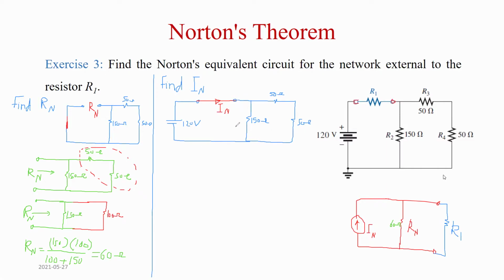Now to find the current in the circuit, you can use any technique you want. But I think the easiest would be trying to find the total resistance, then find the current in this branch. So this circuit, if I want to simplify it, these two resistors, I'm going to combine, so they're actually 100. This is still 150. This is my current In, it's here, and this is the source, 120 volt.